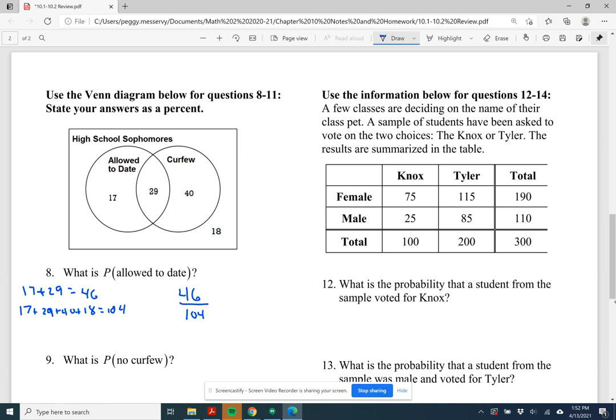And we want to write this as a percent. So we grab our calculator. We do 46 divided by 104, and we get 44.23%. And we round it to the nearest hundredth, which is what we're going to do. 44.23%. We're looking for an answer as a percent.